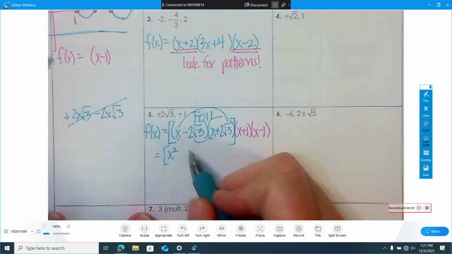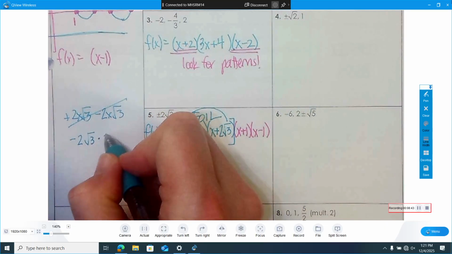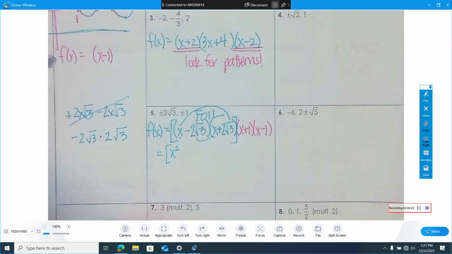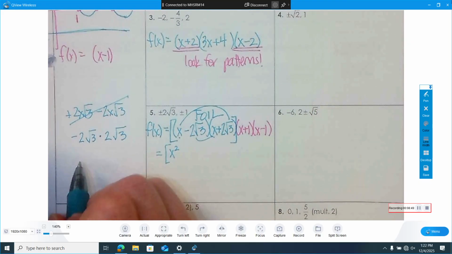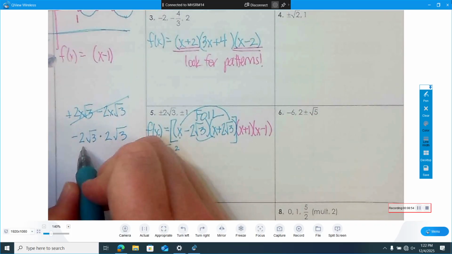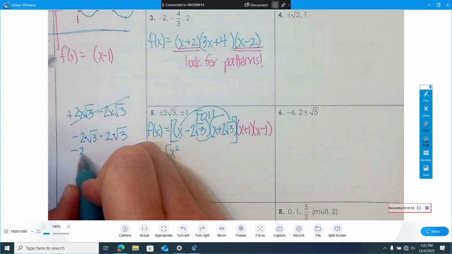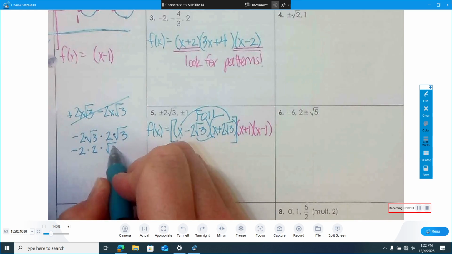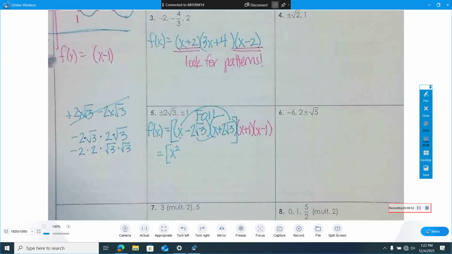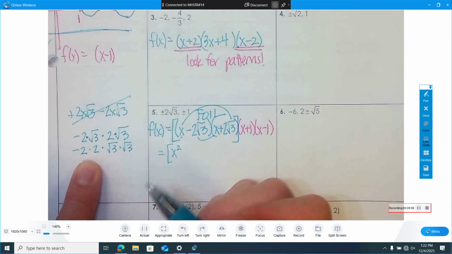Okay? And then last times last. Oh, boy. Negative 2 radical 3 times 2 radical 3. What happens with that? Radical 3 cancels out. So here, they're all multiplied together, so I can rearrange at will. I can do negative 2 times 2 and then radical 3 times radical 3 because they're all just multiplied, yeah? Okay, so negative 2 times 2, ooh, multiplying.